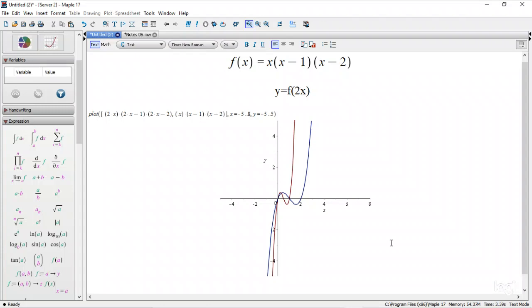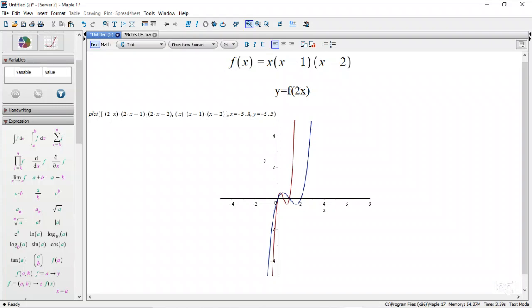So this is the graph. You can see that the blue graph is the original graph, and it is squeezed, and the scale factor is half. All the x values turn into half. So root 0 is at 0, 0 divided by 2 is 0.